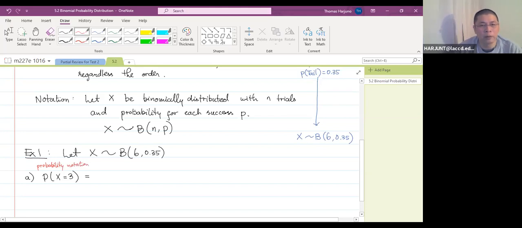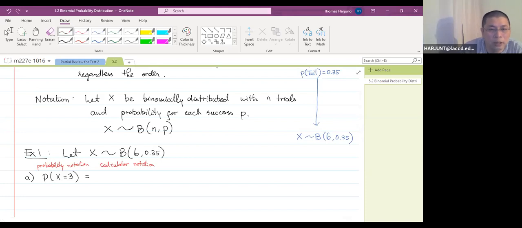Now, from the probability notation, I need you to write down the calculator notation. The calculator here refers to the TI-84; the 83 and 84 have the same notation. It's binomial, right? It will be binompdf. We use P if the binomial probability that we want is exactly equal to a certain number.